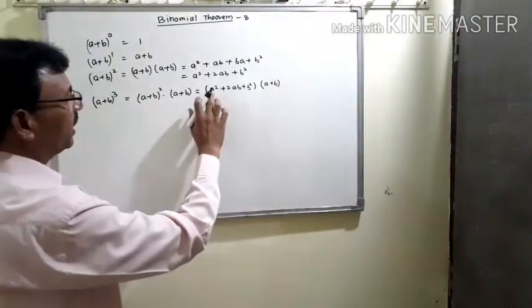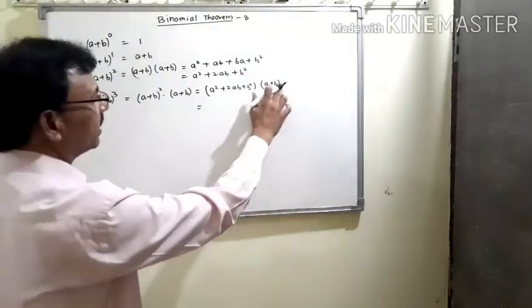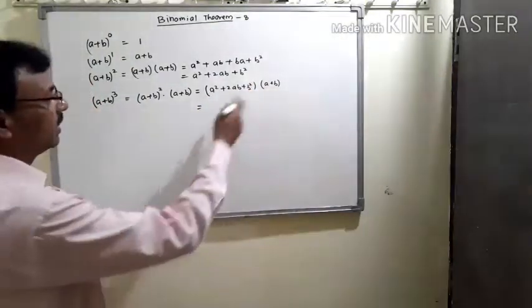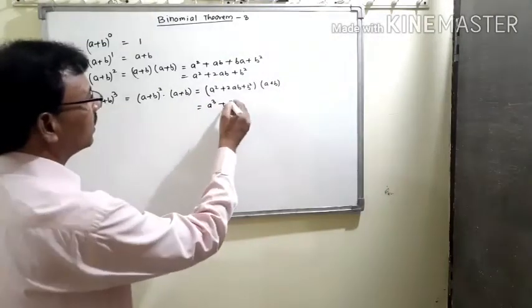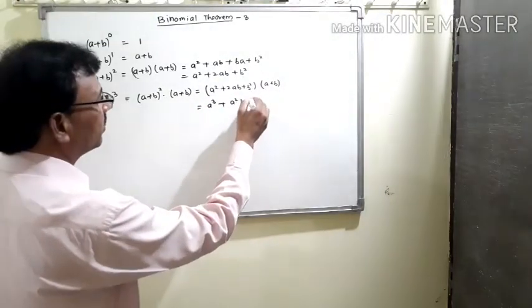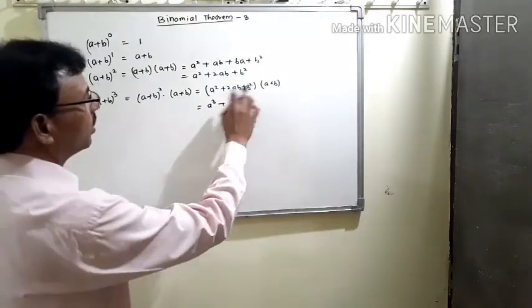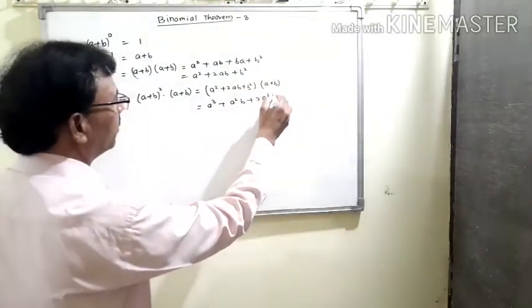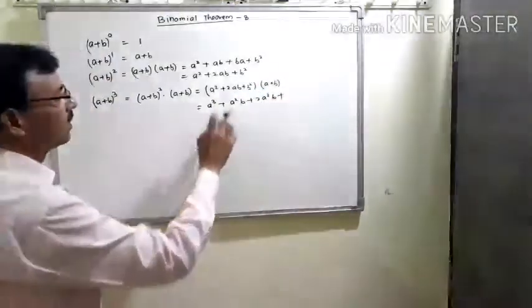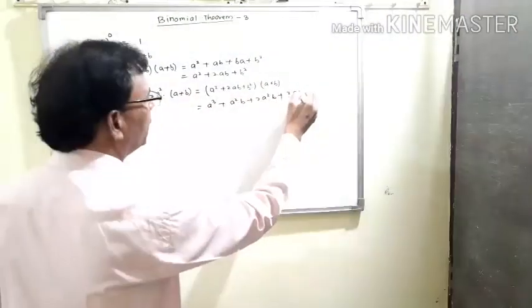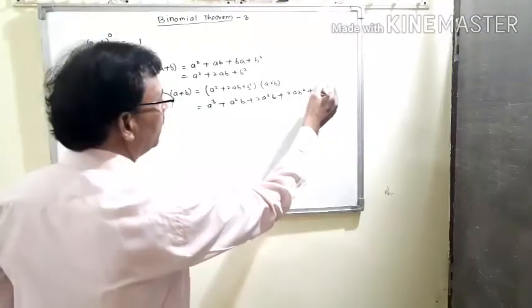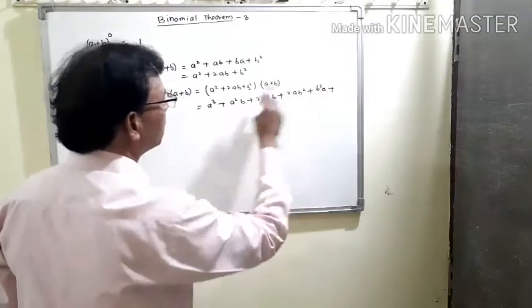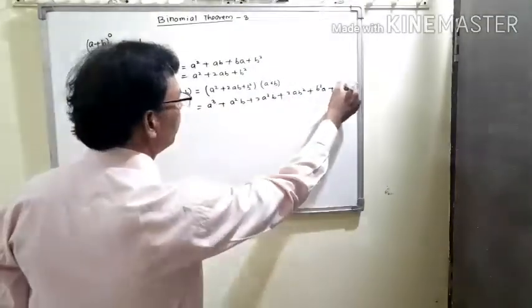If we multiply this, then this will be a cube plus a square b plus 2a square b plus 2ab square plus b square a plus b cube.